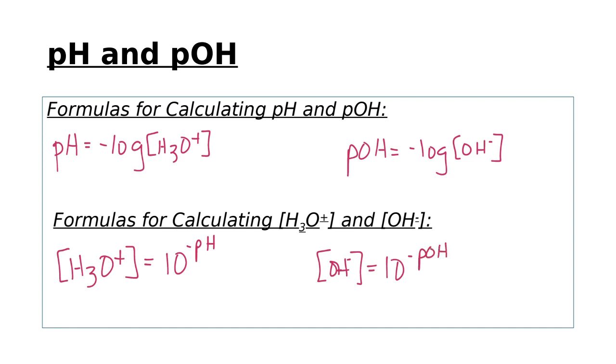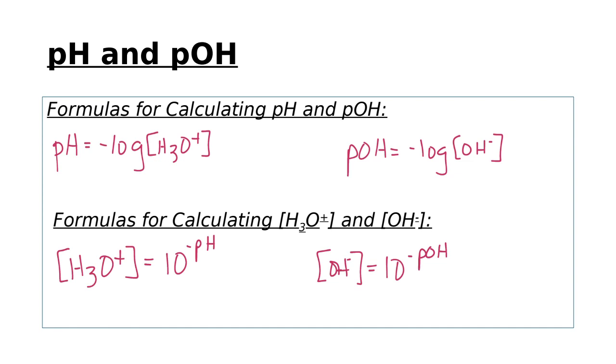And you can calculate amounts of hydronium and hydroxide for both acids and bases, because water is very interesting. Water breaks down a little bit. In an acid, the water molecules that are always there will dissociate slightly and contribute some hydroxide ions.